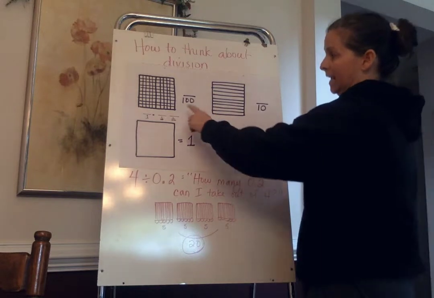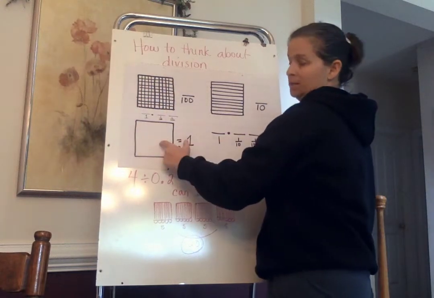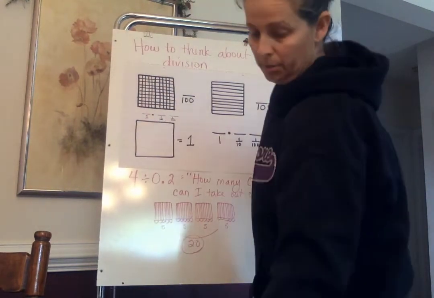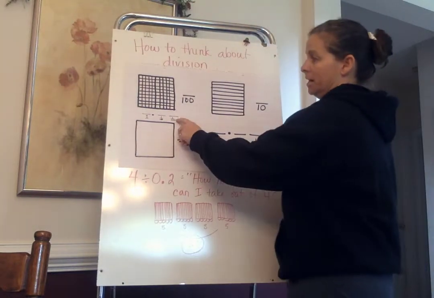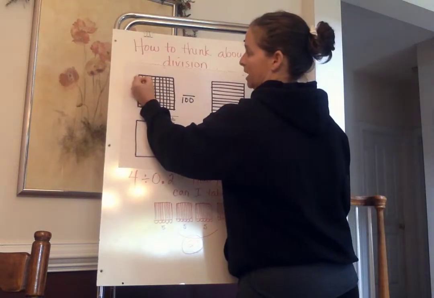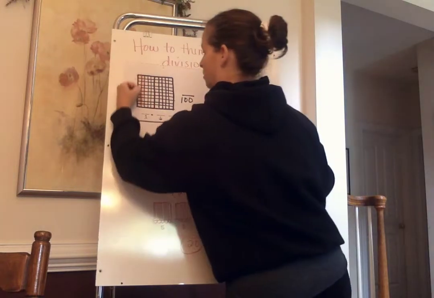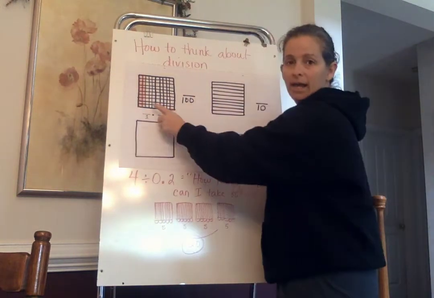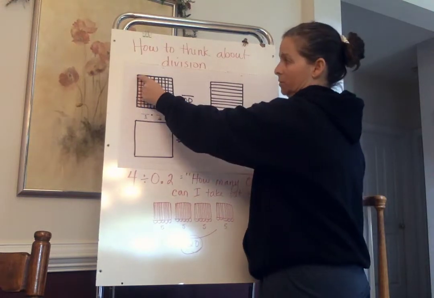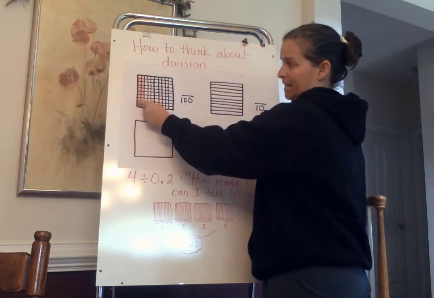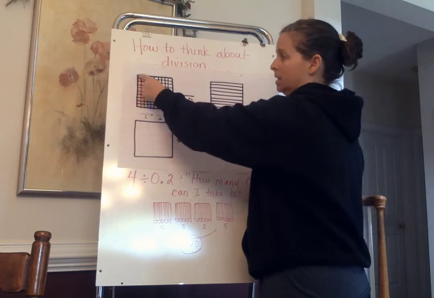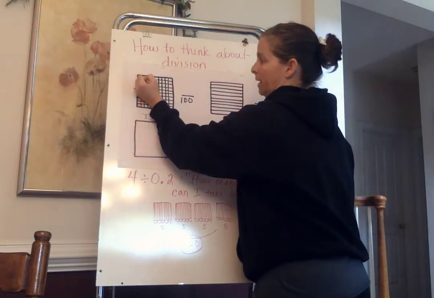Now, if I were to take this grid and break this 1 whole into 100 equal parts, that's going to be into hundredths. So if I were to shade in, let's say 2 whole rows here, and I have 2 rows shaded in. There's 1, 2, 3, 4, 5, 6, 7, 8, 9, 10 in each row. So I have 2 rows, which would be 20.